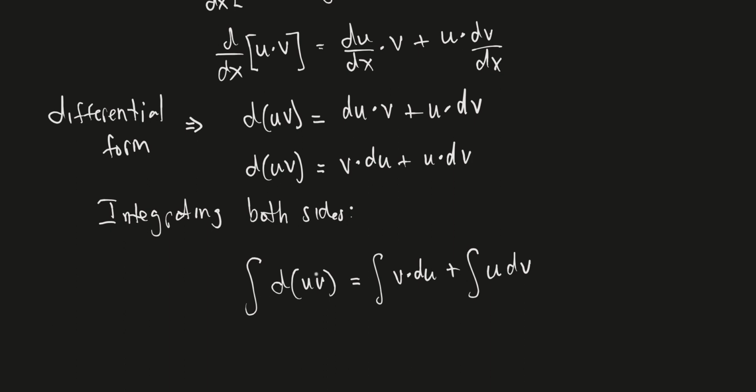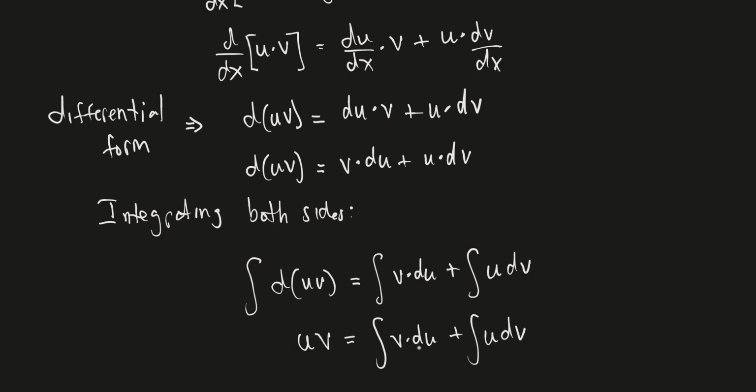You get back the original. So on the left hand side, I'm just going to have the product uv, and on this side I have these two separate antiderivatives that I can't really simplify, because this is a function multiplied by a du, and this is another function that happens to be multiplied by a dv.